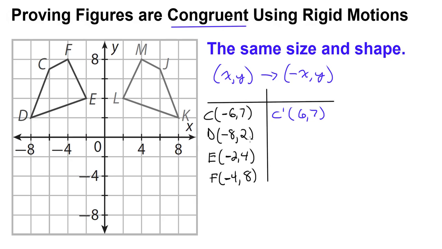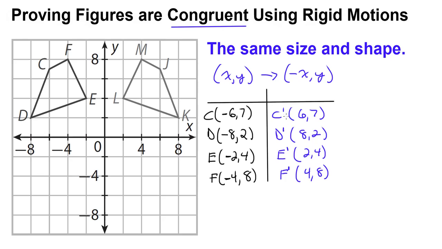D is at -8 comma 2. That would put D prime at +8 comma 2. E is at -2 comma 4. That would put E prime at 2 comma 4. And F is at -4 comma 8. That would put F prime at 4 comma 8.